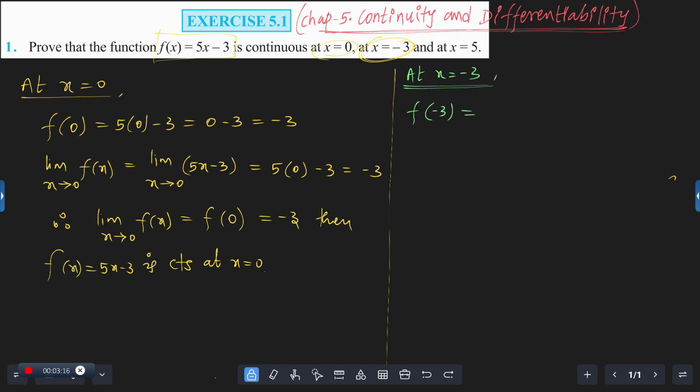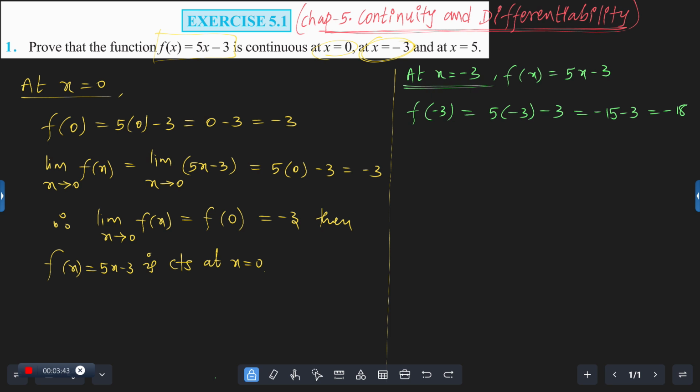The function is 5x minus 3. In f of x, we have to replace the x value with minus 3. So 5 into minus 3 is minus 15. Minus 15 minus 3 is equal to minus 18. So the function value we got is minus 18.